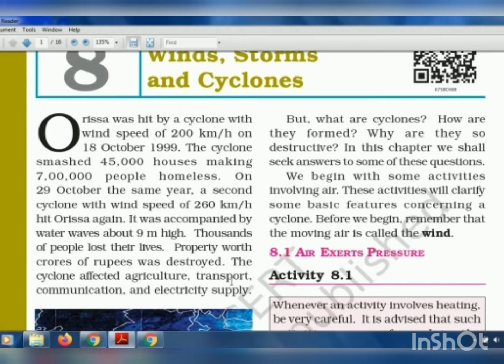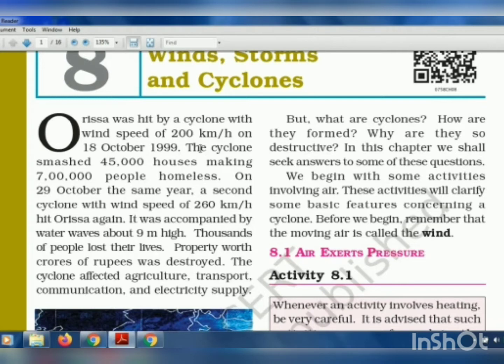Okay, so here we will start with the two different cyclones that hit the coast of Orissa. That is the cyclones which were formed in the sea, that is Bay of Bengal, and caused a lot of destruction of property and loss of life. Orissa was hit by a cyclone with wind speed of 200 km per hour on 18 October 1999.